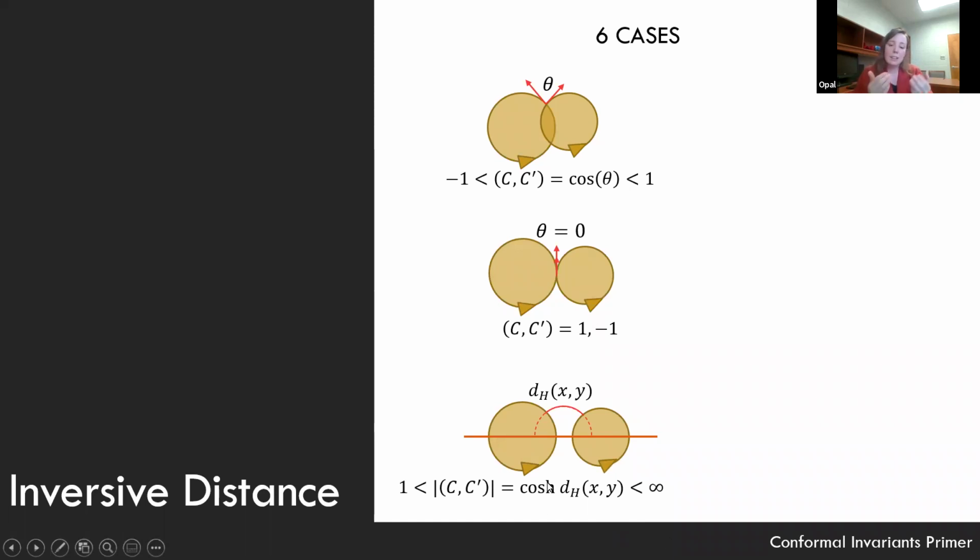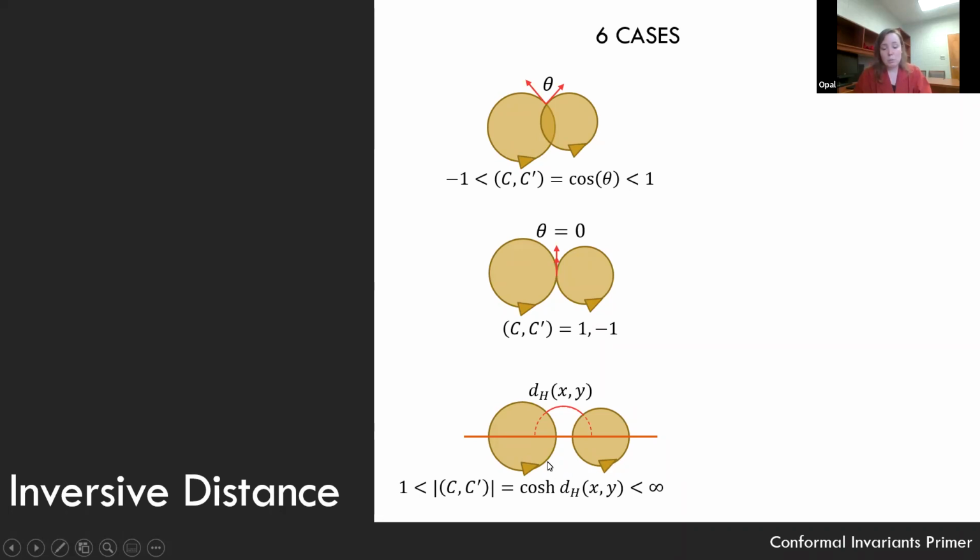You're gonna take a circle that's mutually orthogonal to both of the circles and use that as the ideal boundary for a hyperbolic plane, and then measure the hyperbolic distance between the two circles. And the absolute inversive distance is given by the hyperbolic distance used in the hyperbolic cosine there.